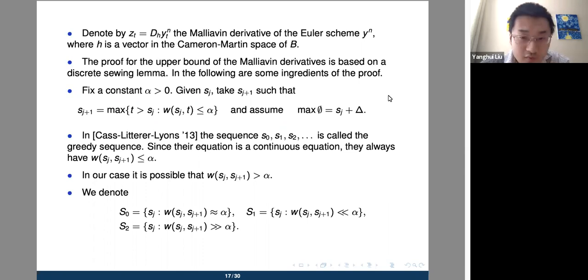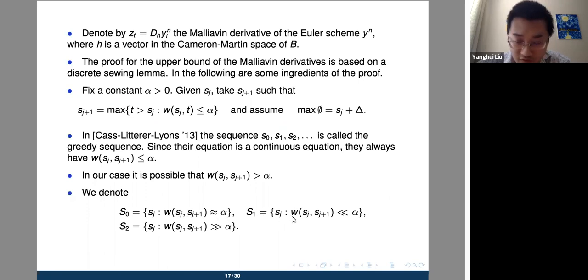Now, for this greedy sequence, we have three situations. This is different from the continuous case. We have the first case when W(s_j, s_{j+1}) is almost equal, close to alpha. That is the regular case.